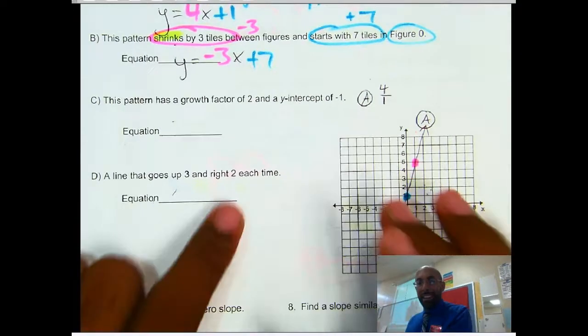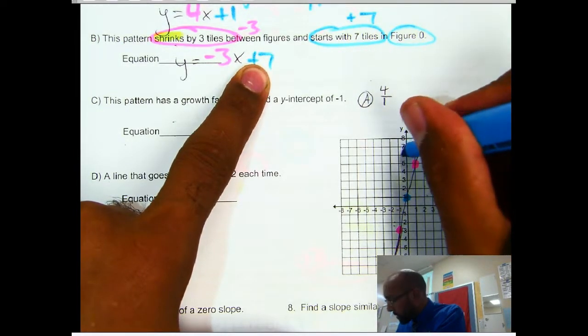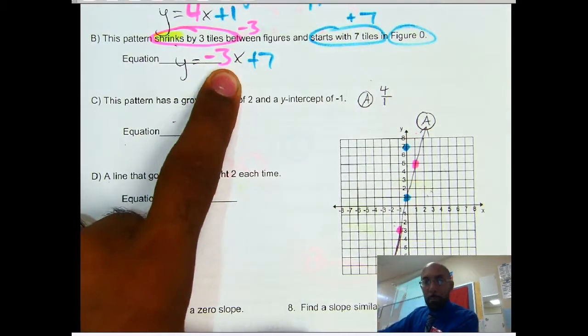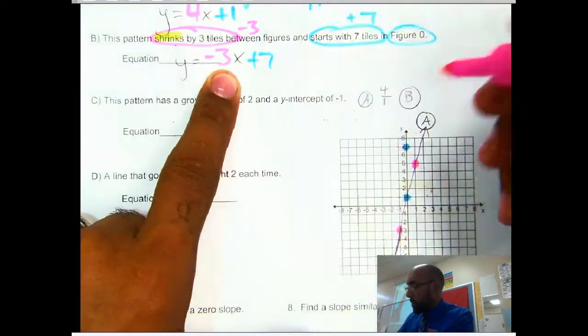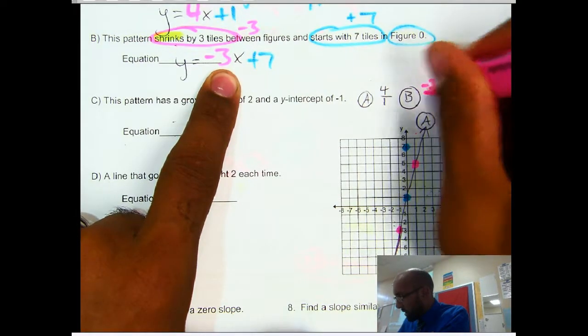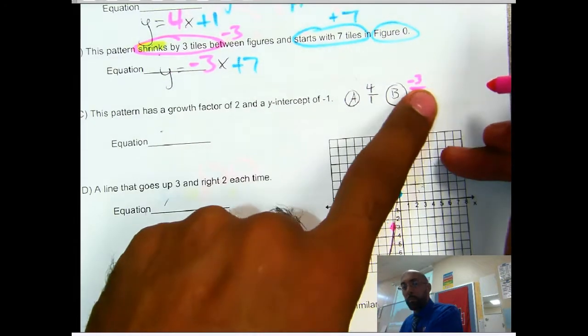Now again, this one starts at 7, so go to 7. But now the slope is minus 3. So for B, it would be minus 3 on top and then over 1, because there's no number on the bottom, so we can just put a 1.